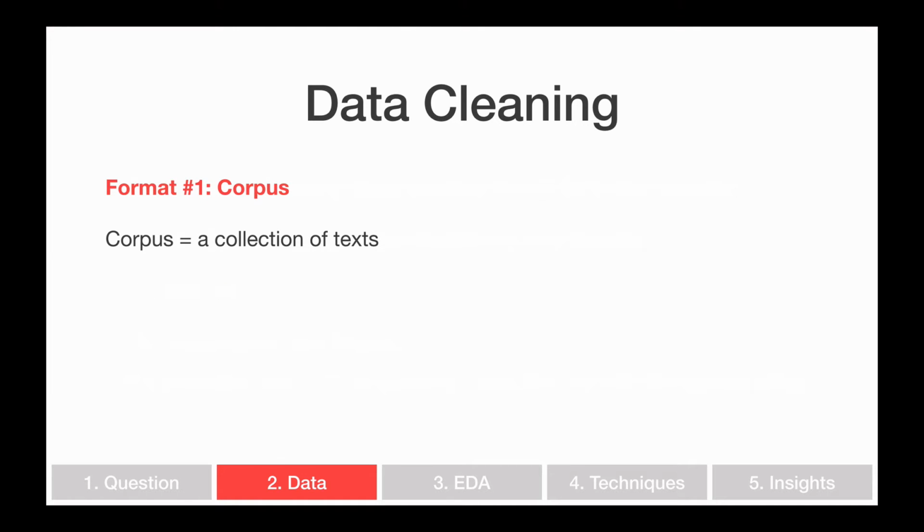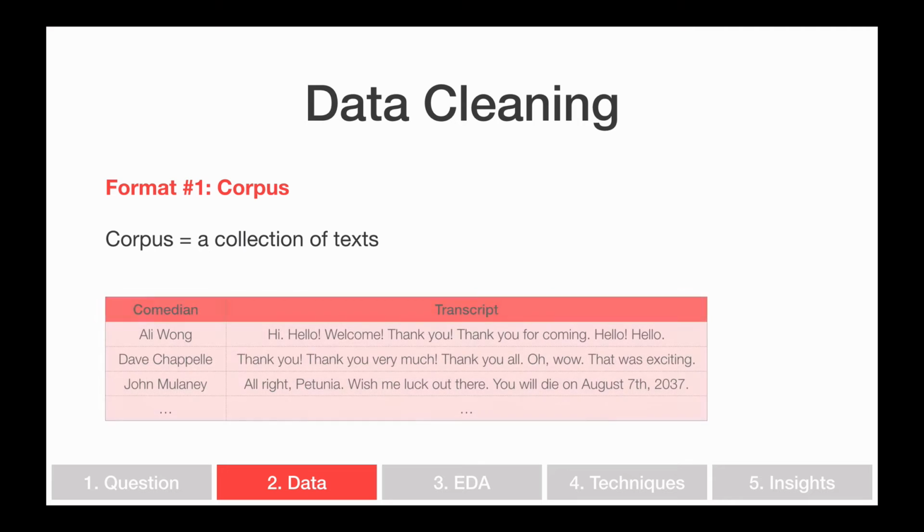Okay, so first let's talk about this corpus. A corpus is a fancy name for a collection of texts. And this is what it looks like. So I have a comedian, Ali Wong, and then the transcript all in its raw format there. And so this here is my corpus.